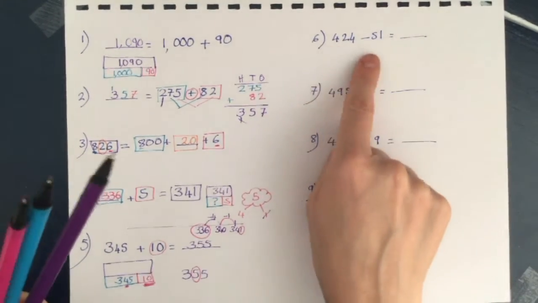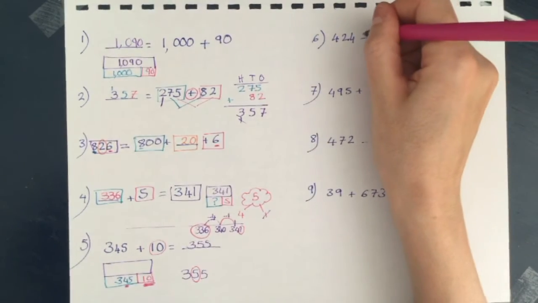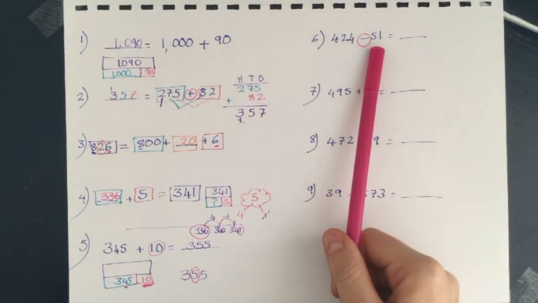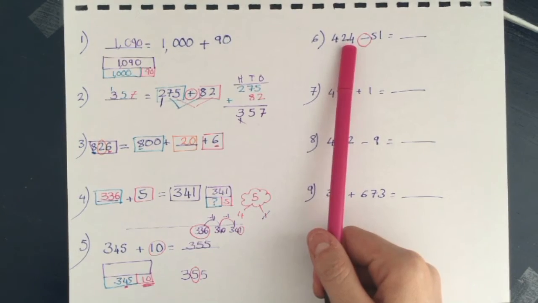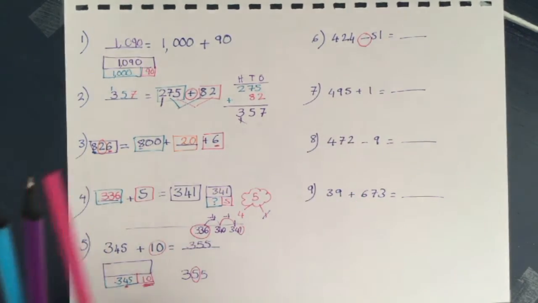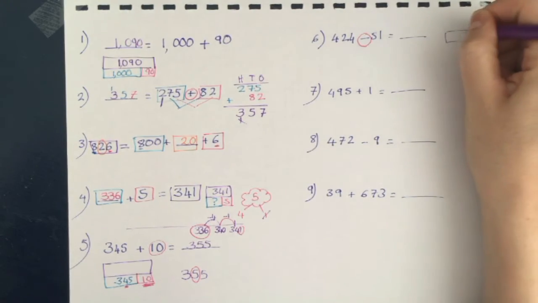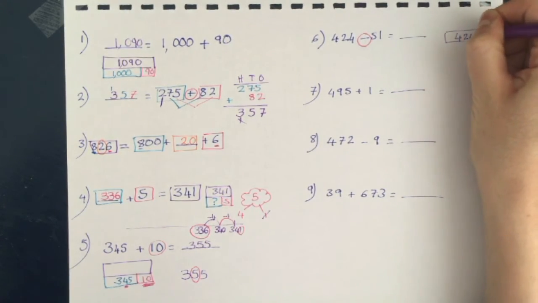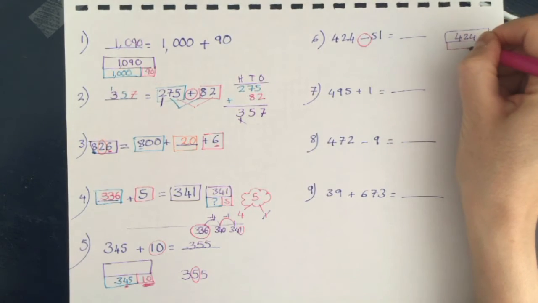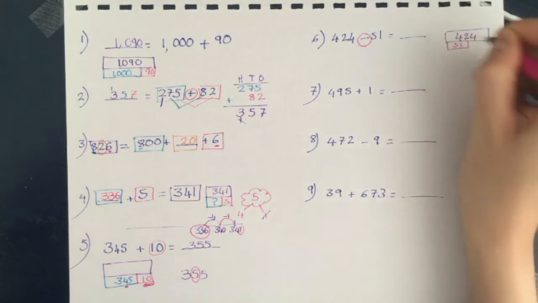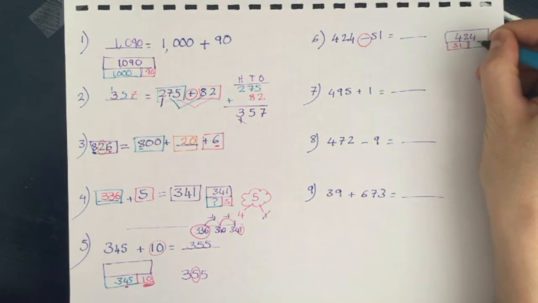Number 6, we have a subtraction. That means we have a total from which we take away one part. Okay, so that would be a total 424 from which we take away one part, which is 51, equals the other part.